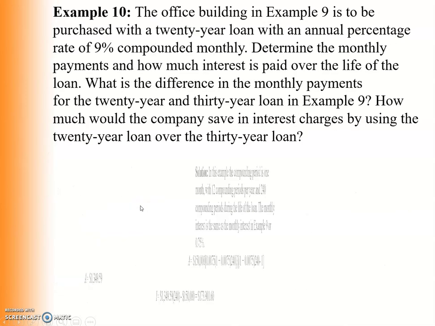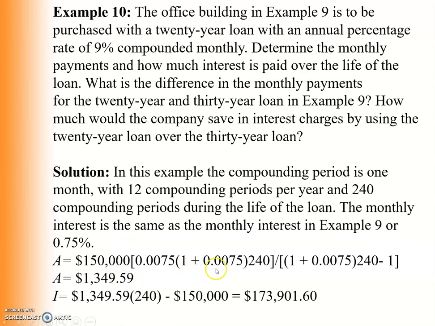This amount will be paid for 240 months, because 20 years has 240 months. We use the same formula and all the other values are the same. There is some typo; it should be power 240 over here, and here also power 240. Not considering these typos, the answer is $1,349.59 for 240 months, and subtracting the original amount, you get about $173,000.